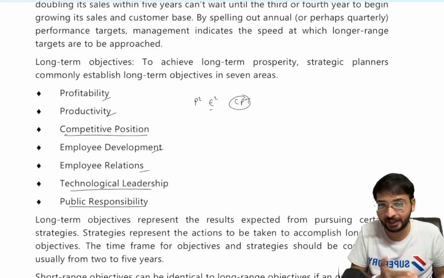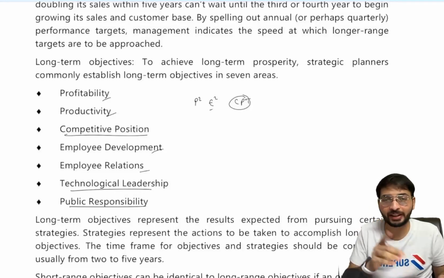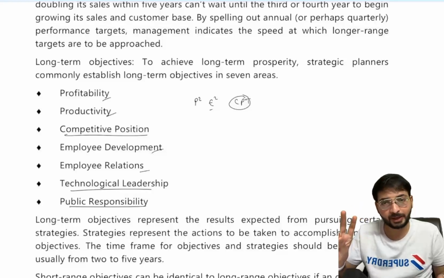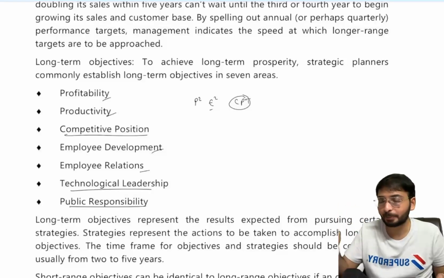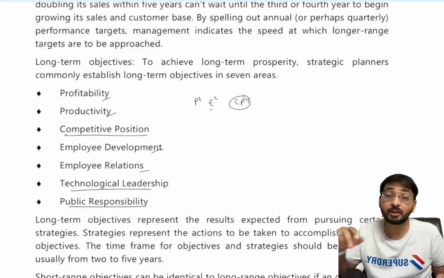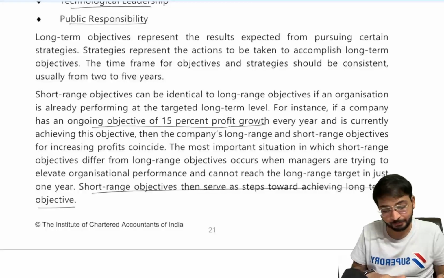Long term can be found in 7 areas, which is P square, E square, CPT. P square stands for P for productivity, profitability. E for both the employees, employee relationship, employee development. Next C for competitive position. Next P for public responsibility. T for your technological leadership, right?